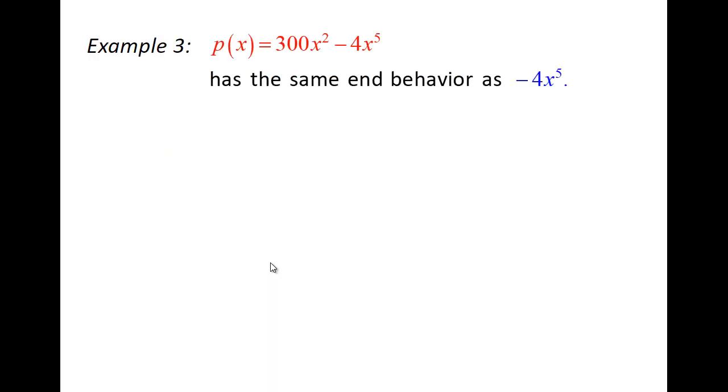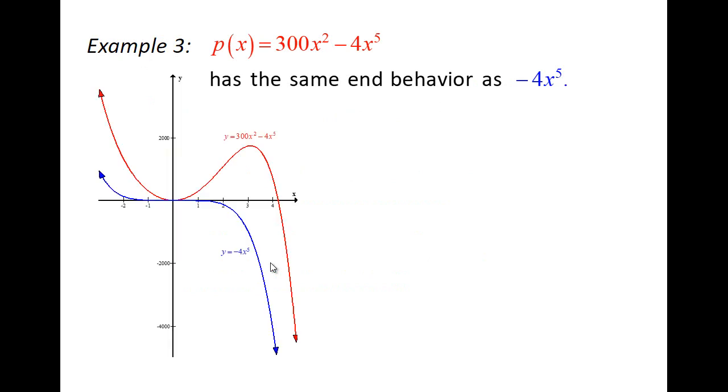So here's a polynomial. We want to know what is the limit of this polynomial as x goes to negative infinity. Well, like we said, the limit of this polynomial at negative infinity would be the same as the limit of the leading term at negative infinity. What's the leading term here? Negative 4 times x to the 5.